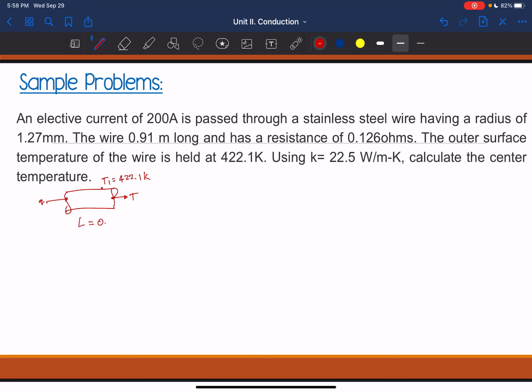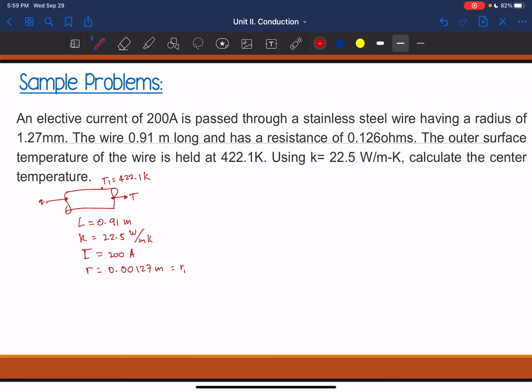The length is given as 0.91 meters. And your K is 22.5 watt per meter Kelvin. You're given current I to be 200 amperes. R is 1.27 millimeter or 0.00127 meters. This is basically your R1.